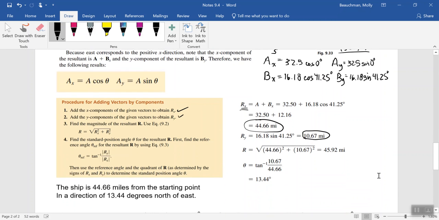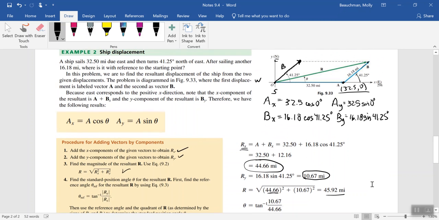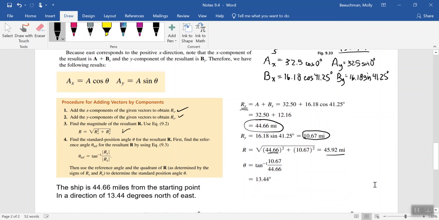Once we have those, we can substitute them into the magnitude formula. So the magnitude is the square root of our x component squared plus our y component squared, which is 45.92 miles. So that represents the length of our resultant vector, 45.92 miles, and that represents how far we are from the starting place. Then we use inverse tangent to get the angle.